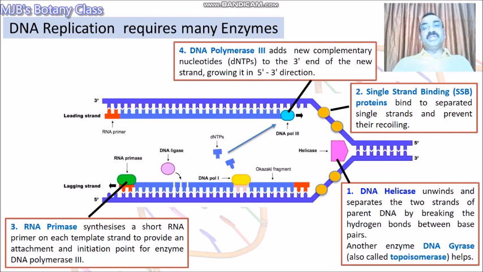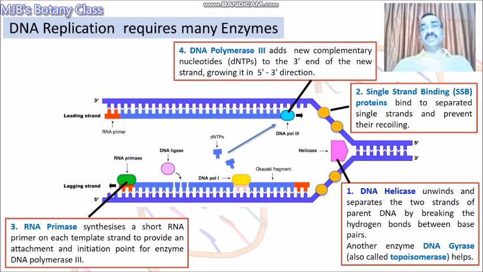The most important enzyme required is called DNA polymerase. Of course, there are three types of DNA polymerases: polymerase 1, polymerase 2 and polymerase 3. Each of them has specific functions to perform during replication. DNA polymerase 3 is the most important enzyme, which is actually responsible for the synthesis of a new DNA strand.